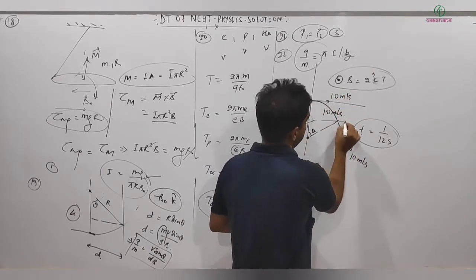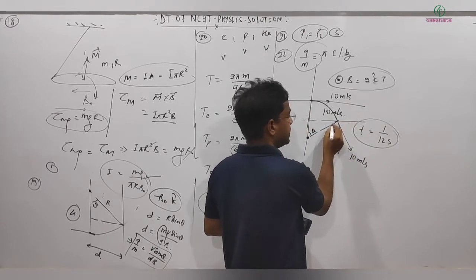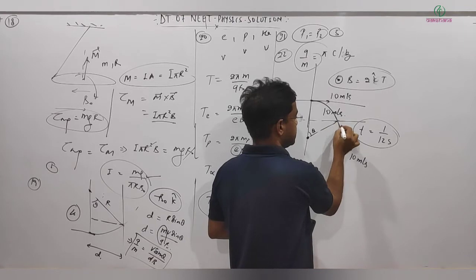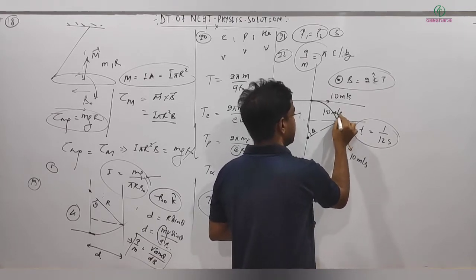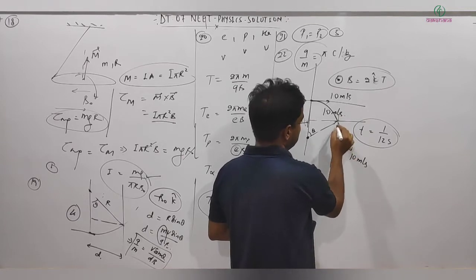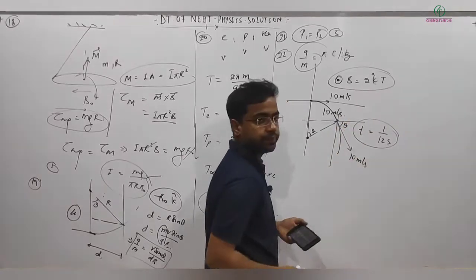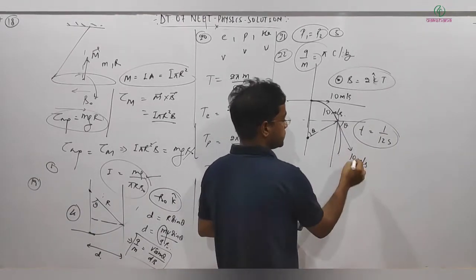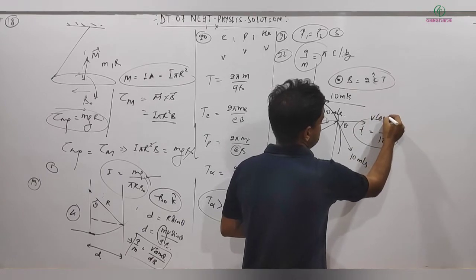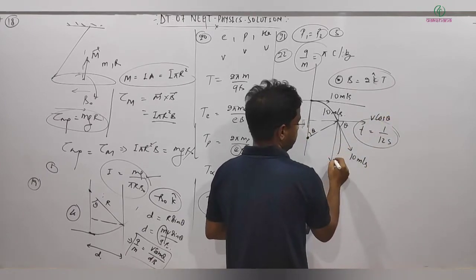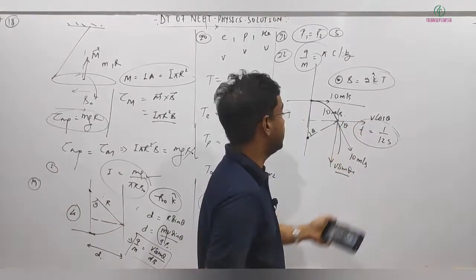If this is the angle theta, this will be 90 minus theta, and this will also be theta, since the total is 90 degrees. So the velocity components are v cos theta in the i cap direction and v sin theta in the minus j cap direction.